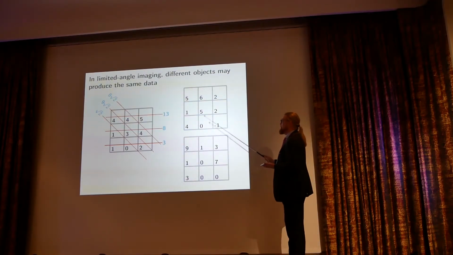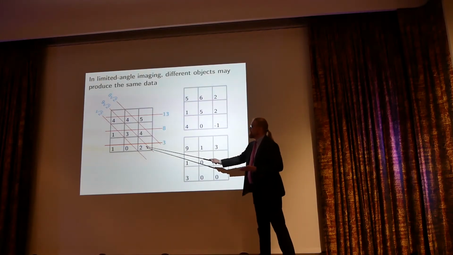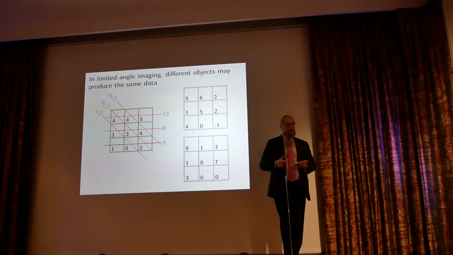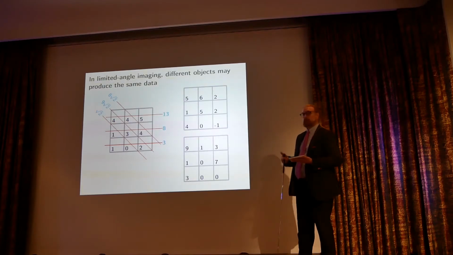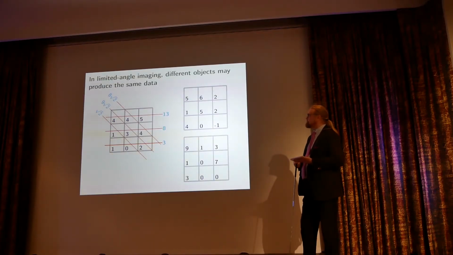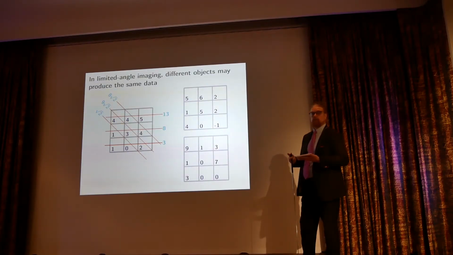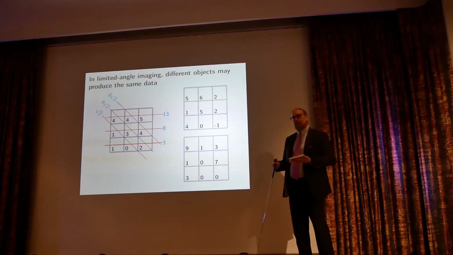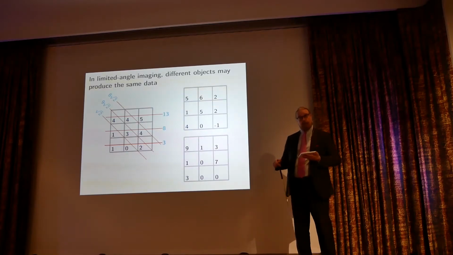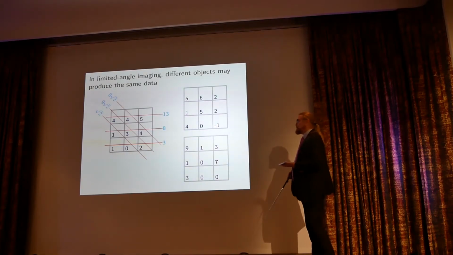For example, here are 3 patients that give exactly the same data in these 2 directions of X-rays. So how do we know which one it is? This is the problem we faced, although at a much larger scale in the dental imaging problem, how to choose.